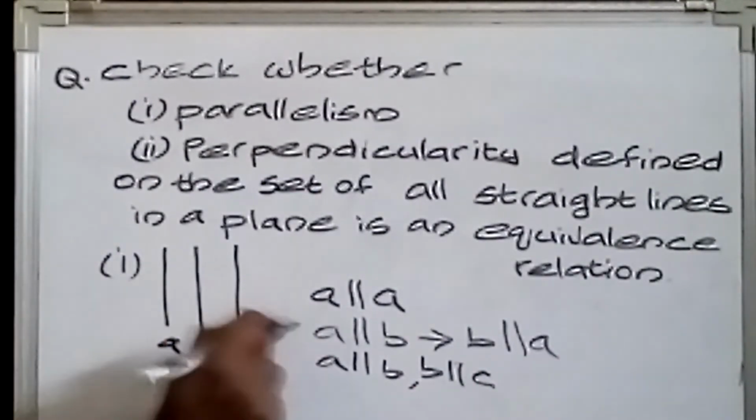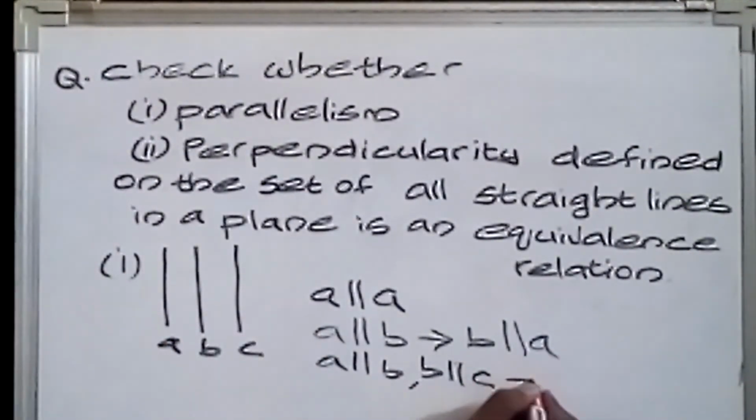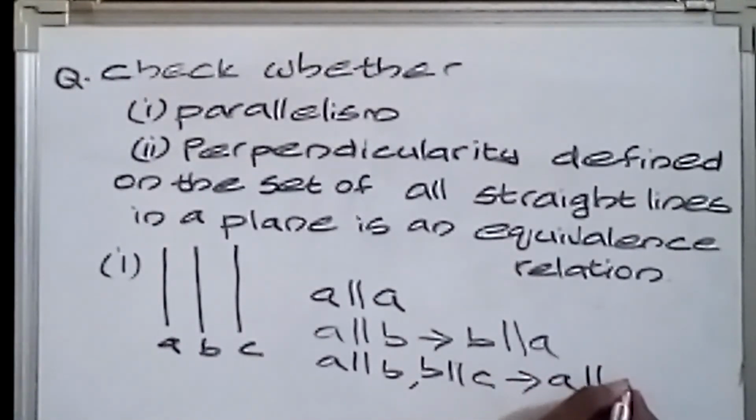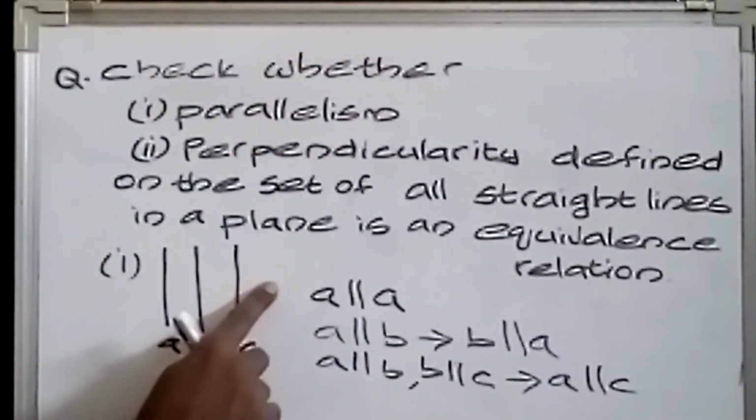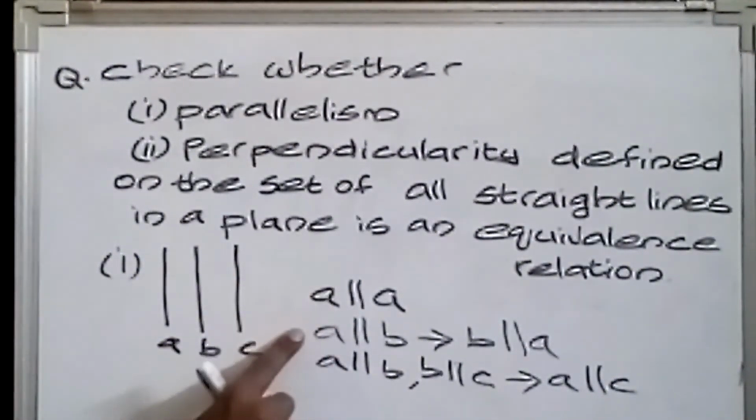Yes, A is parallel to C. Thus, the relation is transitive. It is reflexive, symmetric, and transitive. Thus, the relation is an equivalence relation.